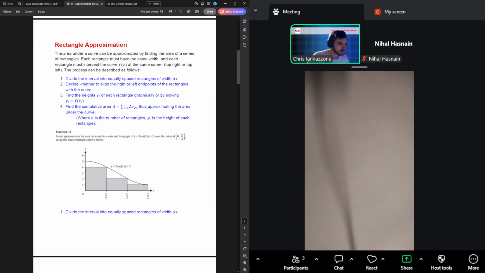So rather than trying to find the area under the entire curve and trying to create a formula for that, what we can instead do is break it up into little sections where each of those sections are defined by some length and width of a rectangle. From there, once you have that, you simply find the areas of each of the rectangles using the rectangle area formula and then just add it all up.